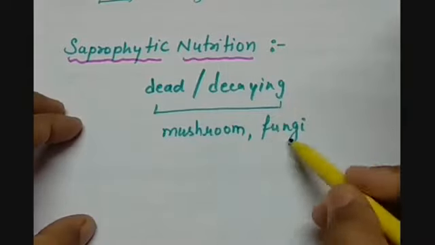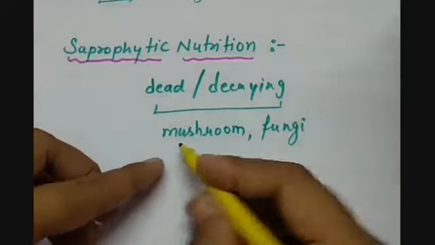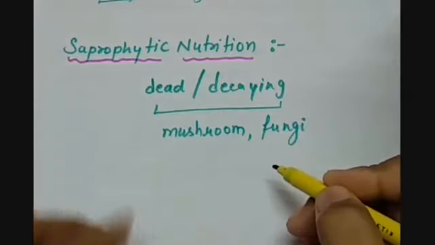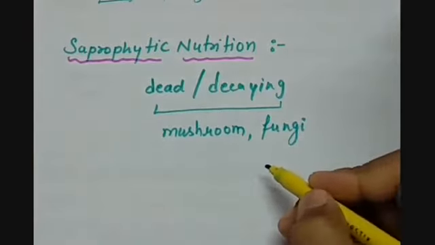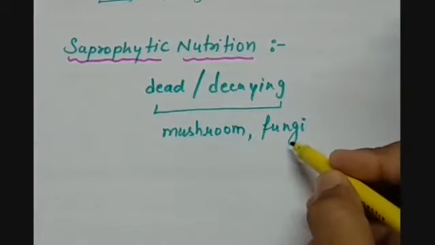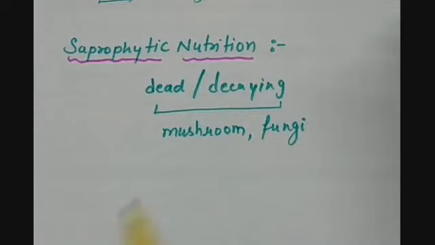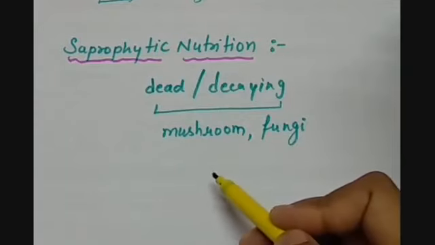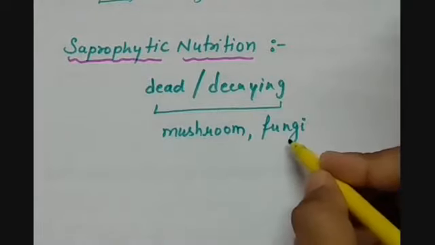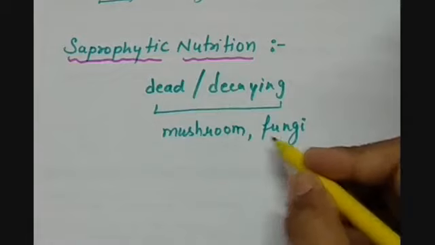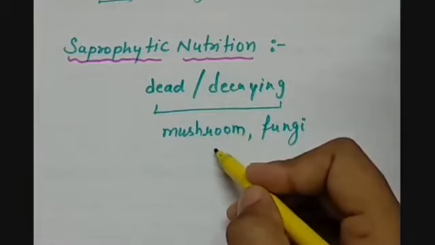And why do they take up dead and decaying matter? Because their body does not have a digestive system. They cannot take complex food because digestion cannot occur inside the body. So they take food which is already digested or decomposed, so that the food can be directly absorbed into their body.